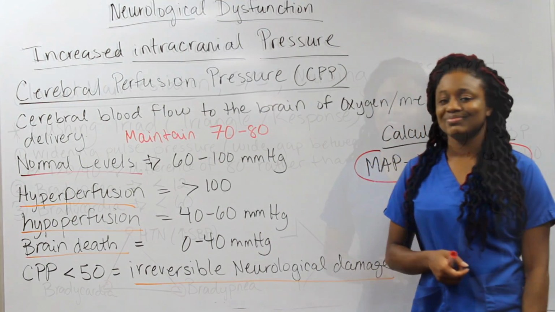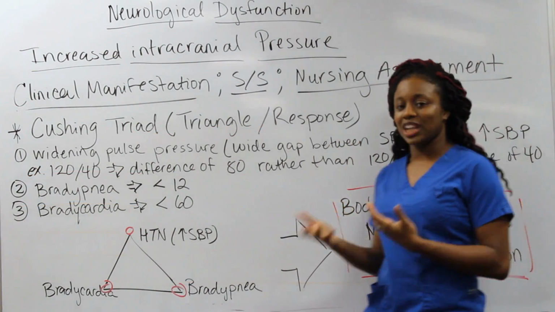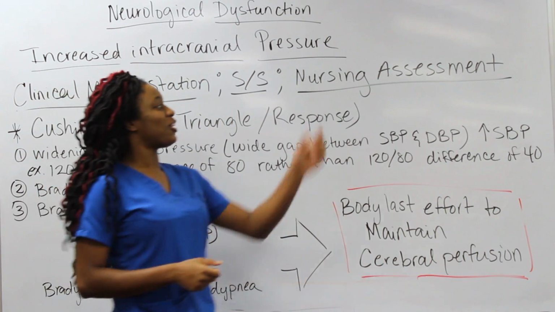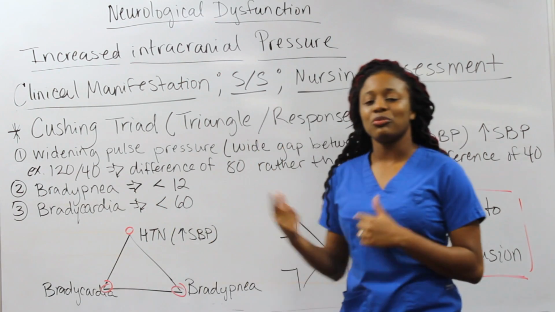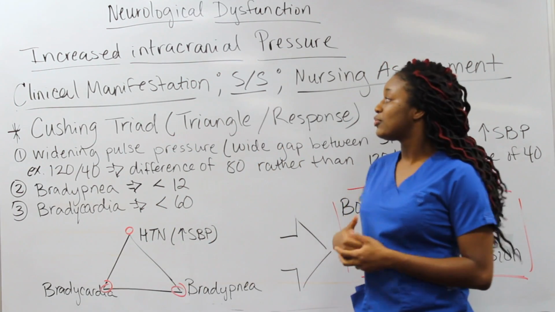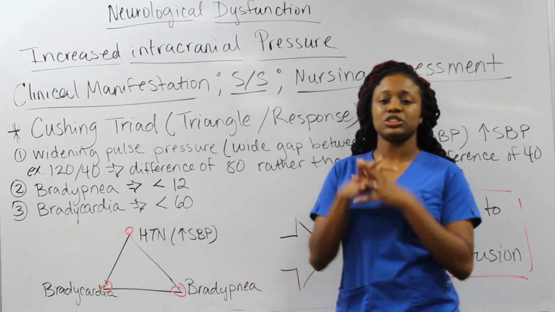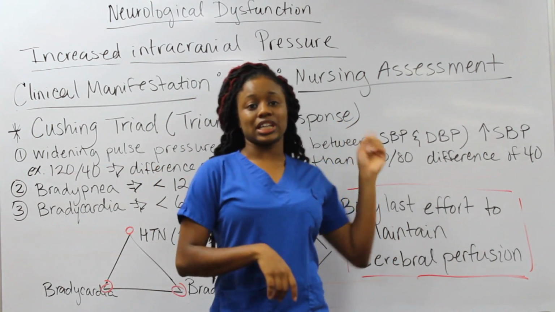Okay? So now we have the clinical manifestations, which is also known as your signs and symptoms, which is also known as your nursing assessment. So for those of you who haven't watched recent videos from before, one thing I always say is try to cluster as much as you possibly can. Clinical manifestation is just another word for signs and symptoms.